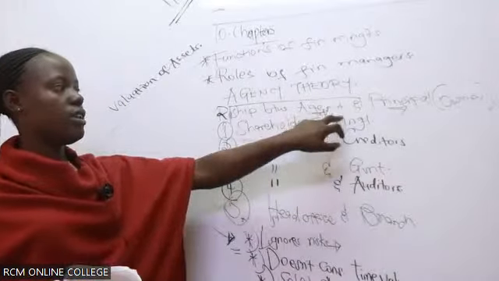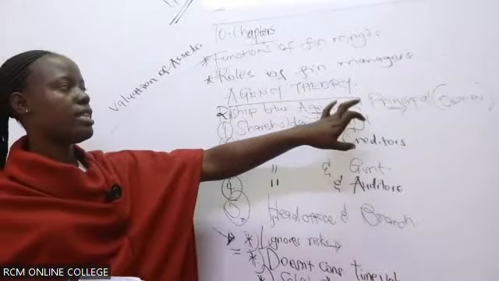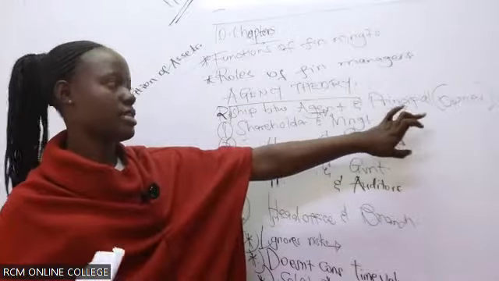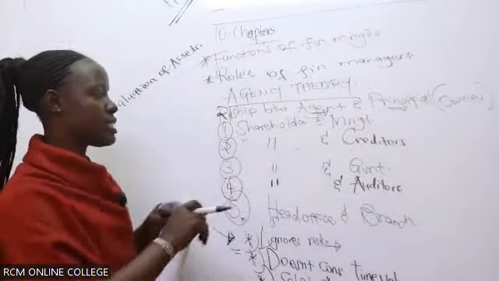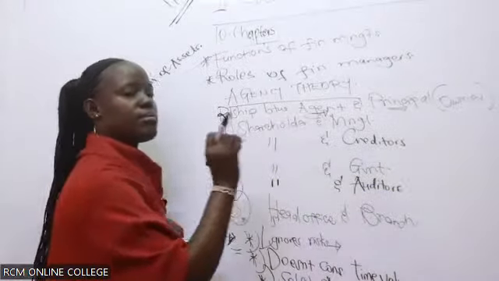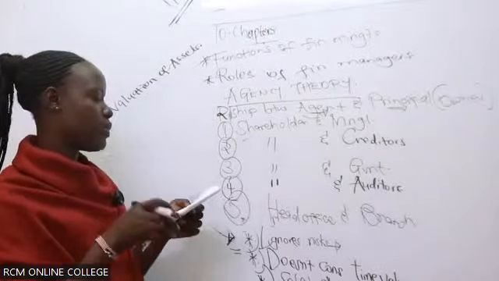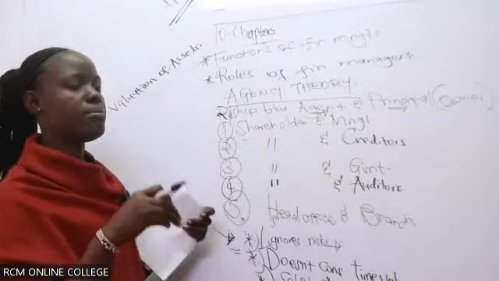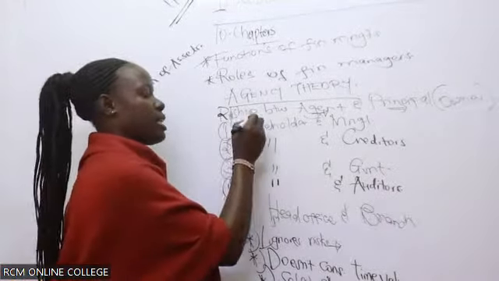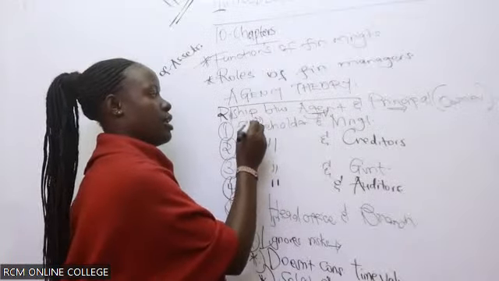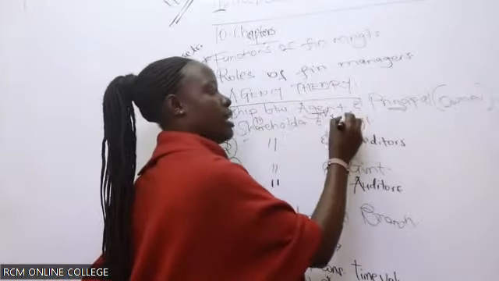Agents fulfill their interest at the expense of their principal. So for instance, in the shareholder and management relationship, the shareholder is the principal, while the management will be the agent.